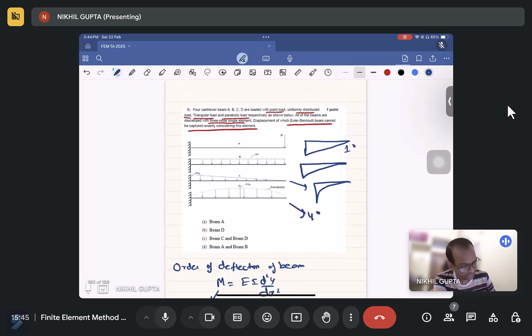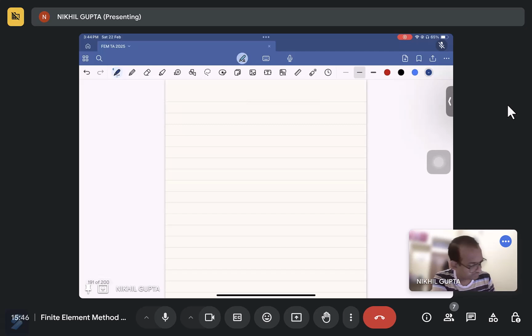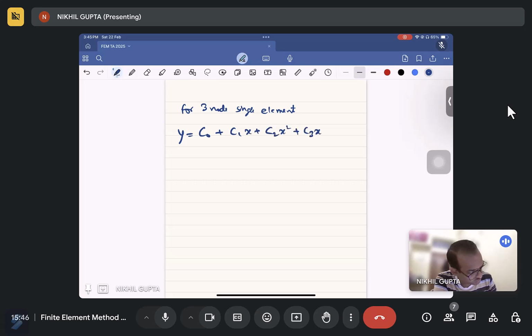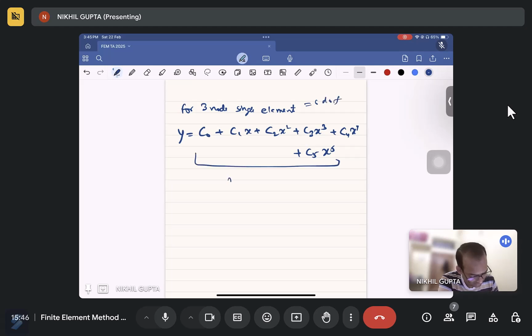Now what is the question saying? It says for a 3-node single element, you can assume y is c0 plus c1x plus c2x square plus c3x cube plus c4x power 4 plus c5x power 5. So 3-node elements have 6 degrees of freedom, so you will have 6 unknowns. The maximum degree here is 5.